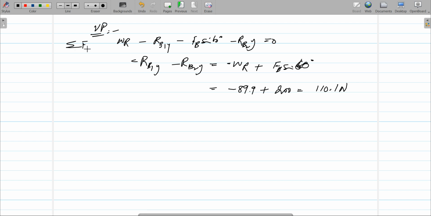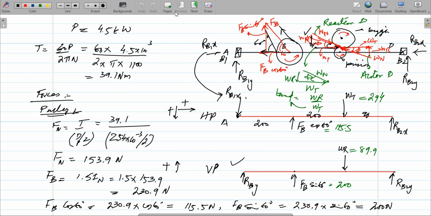Similarly, we take the summation of forces in the vertical plane equals to 0, taking downward as positive. Similarly, taking moment about point B1 with anti-clockwise as positive equals to 0. So what we have is FB sine of 60 into 0.2. Again, look at the vertical force.